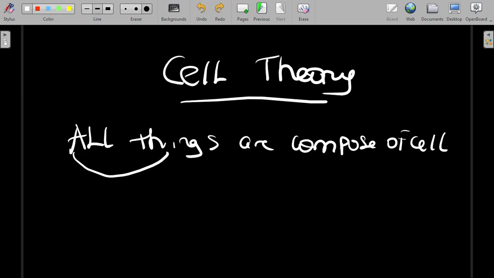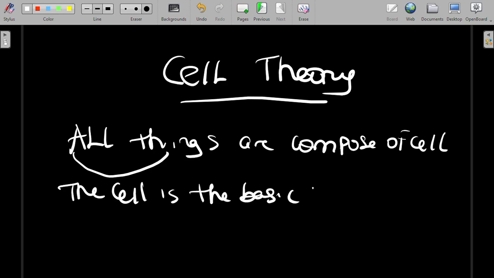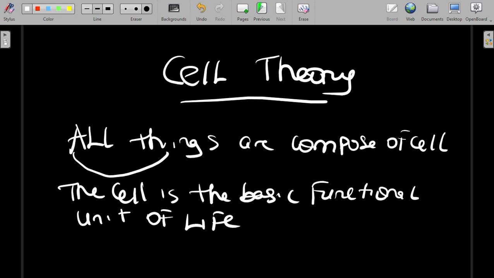Now, the second law: the cell is the basic functional unit of life. Basic, we know the meaning of basic; functional means everything about the cell is functional.